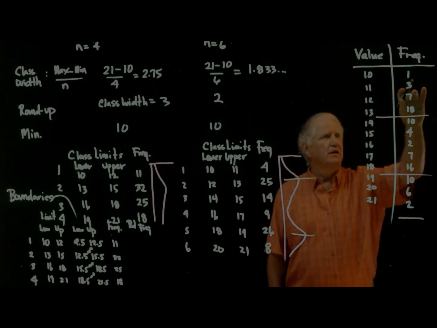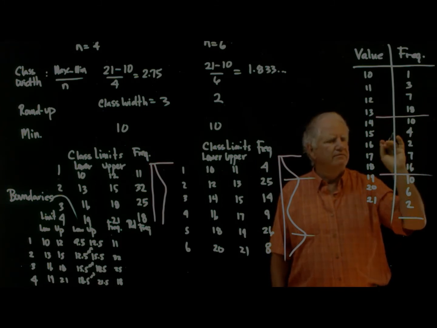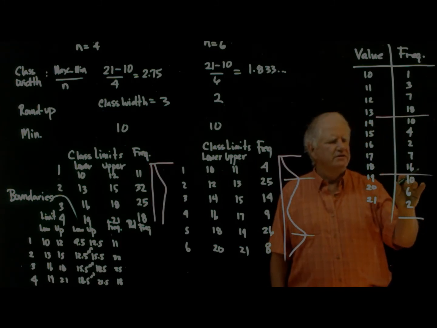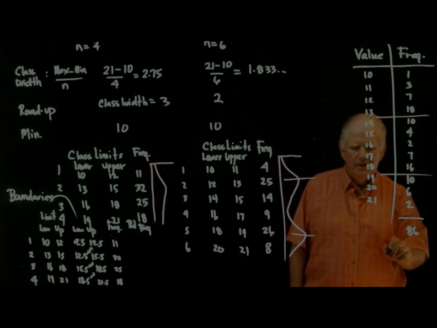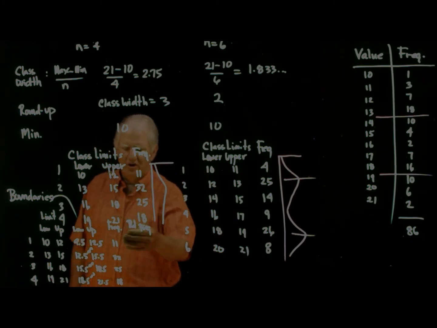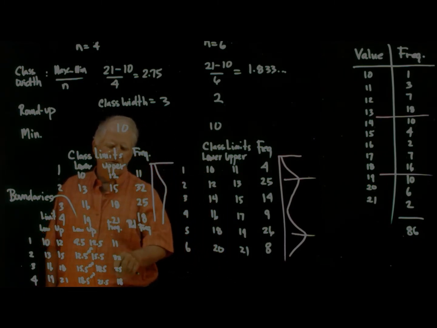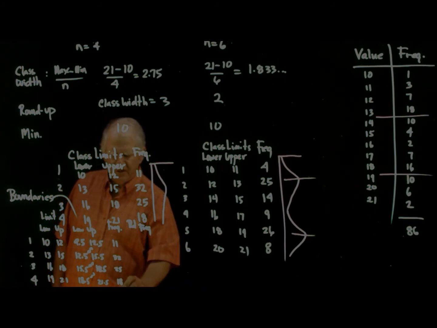If I do that, I get 11, 29, 39, 43, 45, 52, 68, 78, 86, okay? And just to be sure, hopefully we captured all of those here. 11 plus 32 is 43, is 58, sure enough is 86. I caught every one of them.